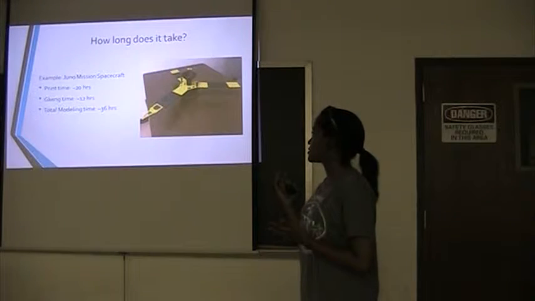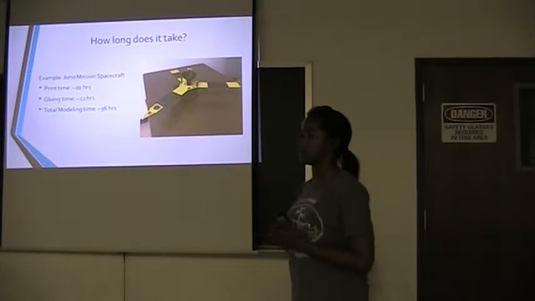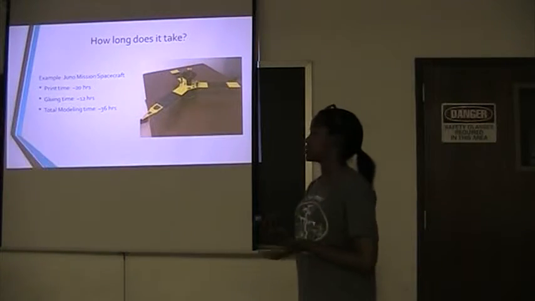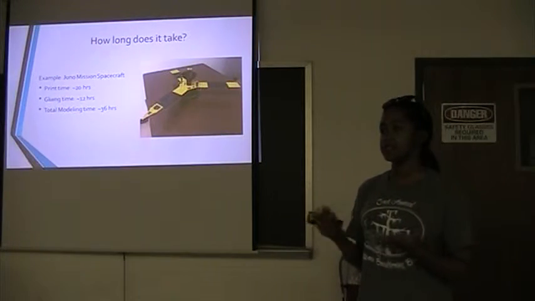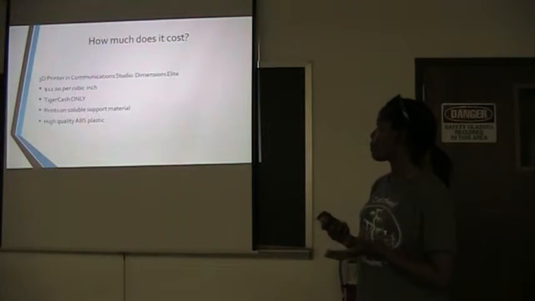That's a fairly small model, and it took 20 hours just to print it out. But there are a lot of other types of printers that take less time. It just depends on how the plastic is extruded.